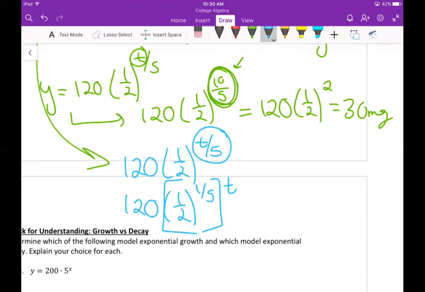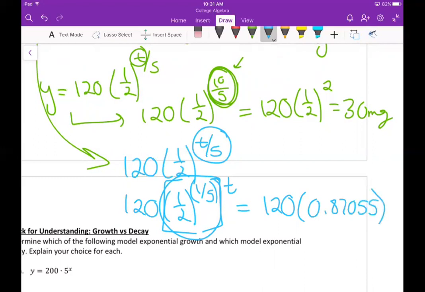So now I can think about, okay, this is just a number. What is 1/2 to the 1/5 power? It's a decay factor, so keep a lot of decimal places. Plug that into your calculator, use parentheses around both the exponent and the 1/2, and you should get about 0.87055 if you keep 5 decimals.